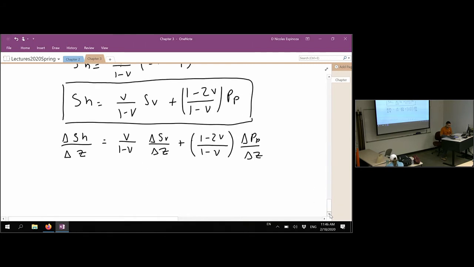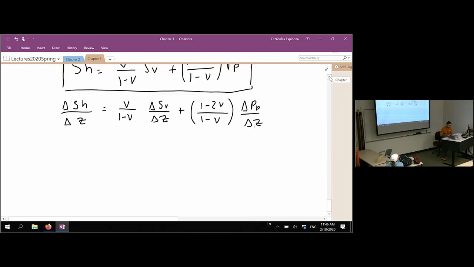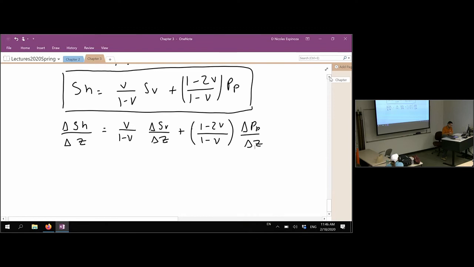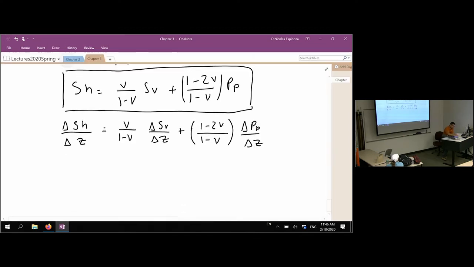And we're going to do one numerical example. Now it's your time to do some numbers. I'd like you to tell me what is going to be this value of delta SH as a function of delta D, also known as the fracture gradient.